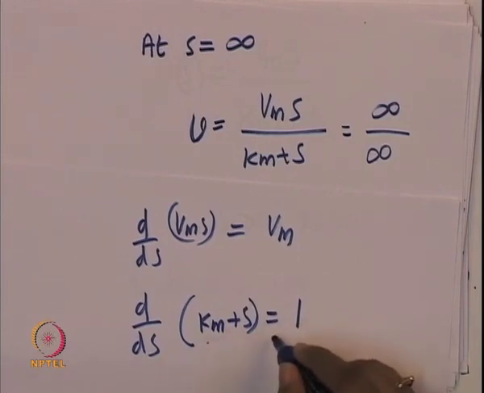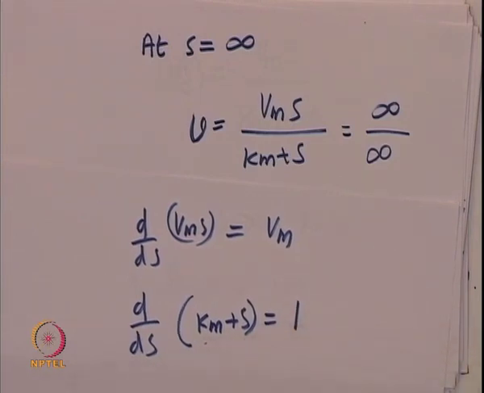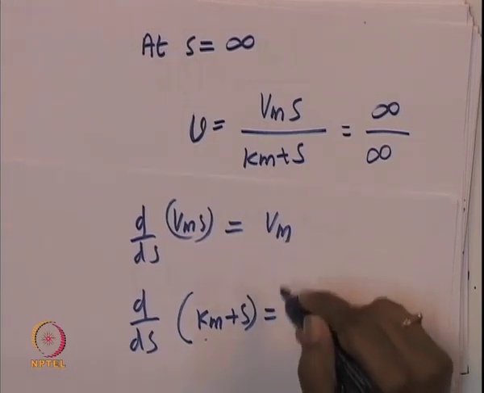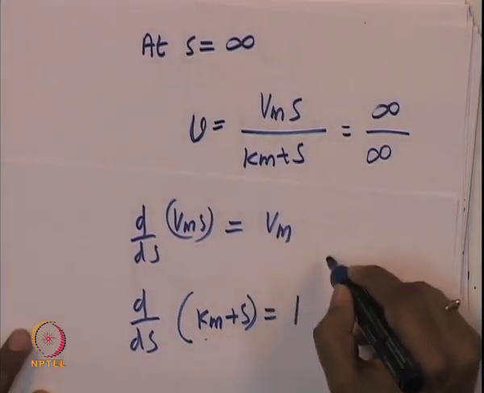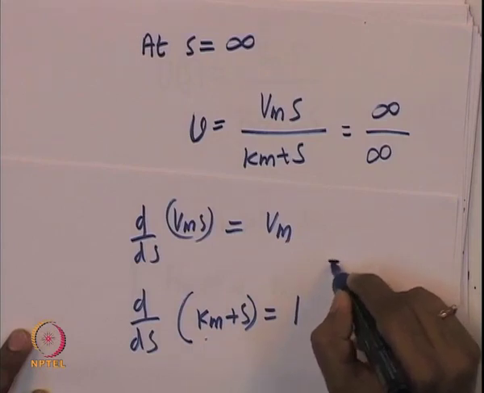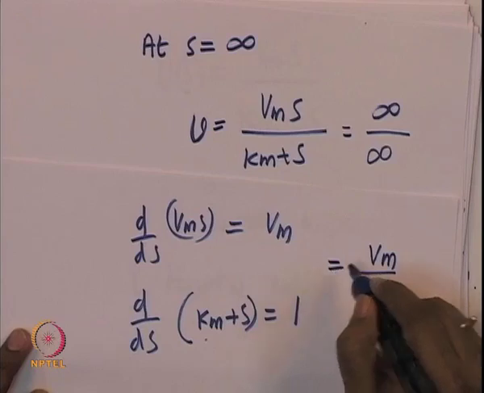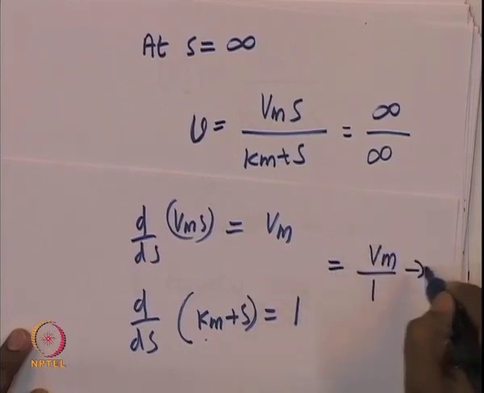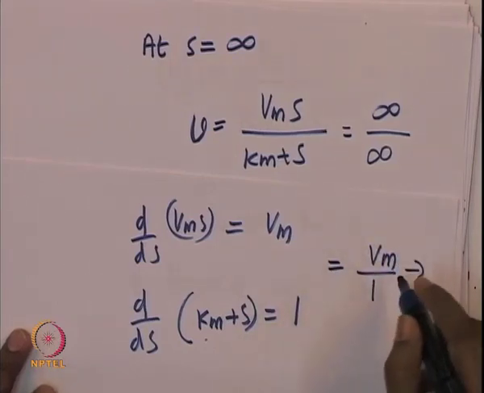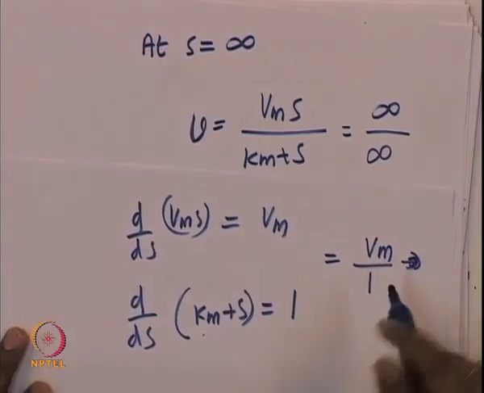So the answer is Vm by 1, a constant, which is Vm.